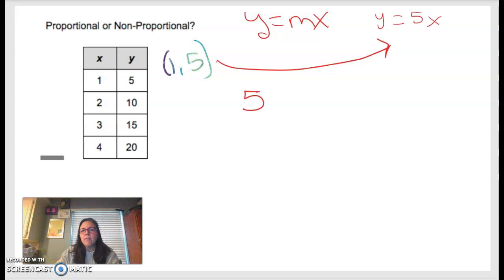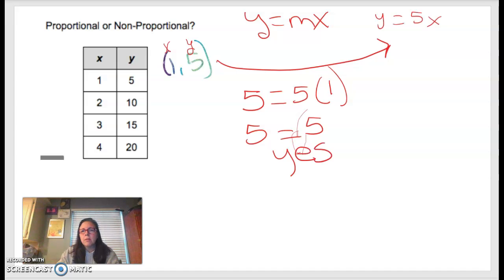So 5, because this is the y, remember, and this is our x. 5 equals 5 times 1. Is this true? Well, 5 times 1 is 5, so yes. So yes, this is true. So yes, it is proportional.